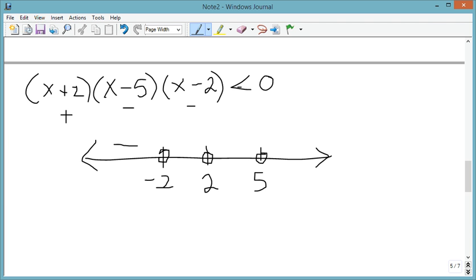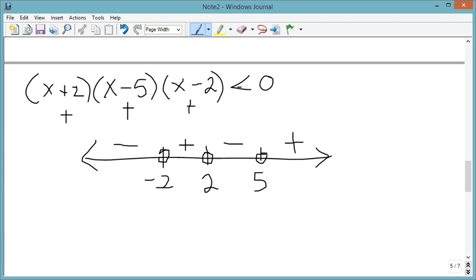I have 2 negatives and a positive, so that when I multiply it together gives me a positive. Between 2 and 5, I might look at 3. This would still be positive. That would still be negative. This would be positive. That gives me a negative because I have 1 negative. Bigger than 5 gives me positive, positive, positive.